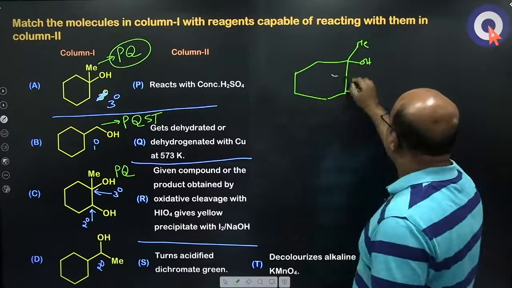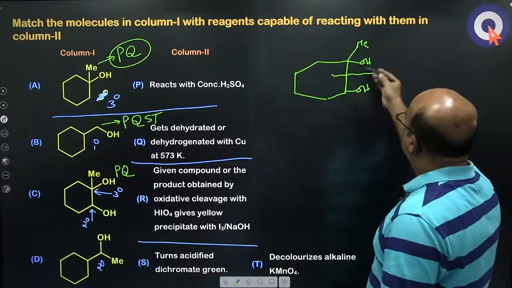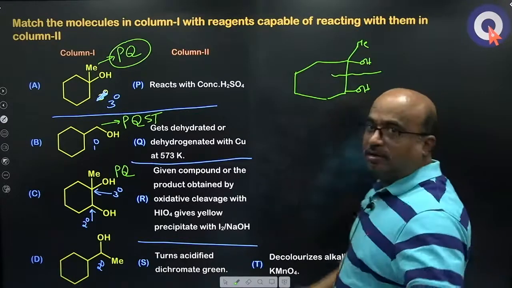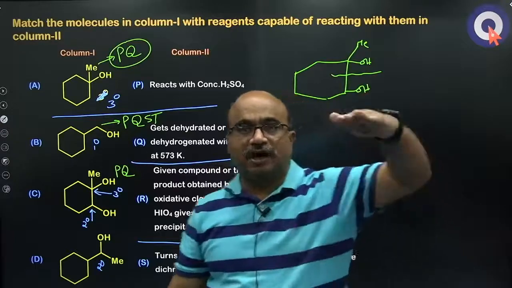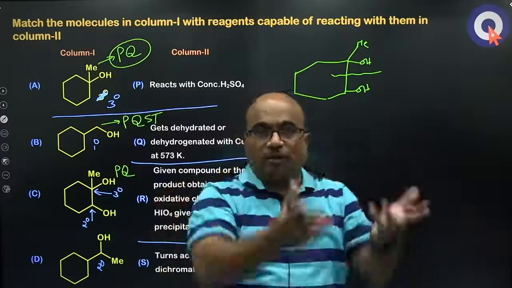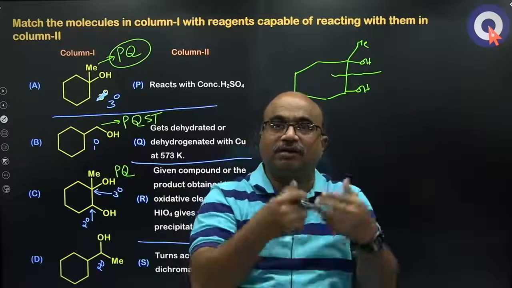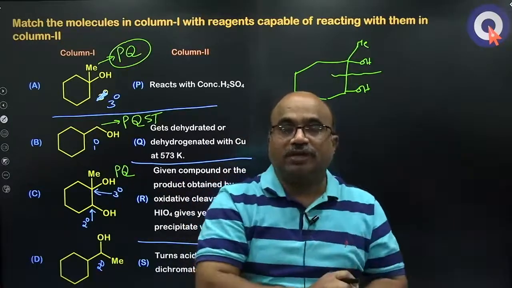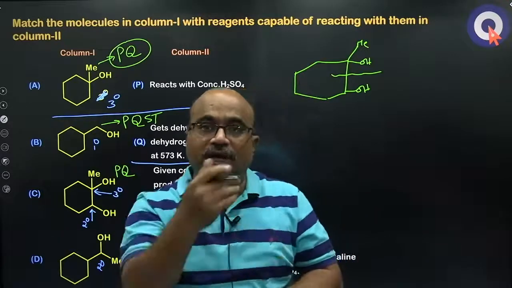When you cleave this one with periodic acid, HIO4, you just insert OH groups at both the carbons. If OH is already there, it was converting into another C-OH, which will convert immediately into a gem diol.